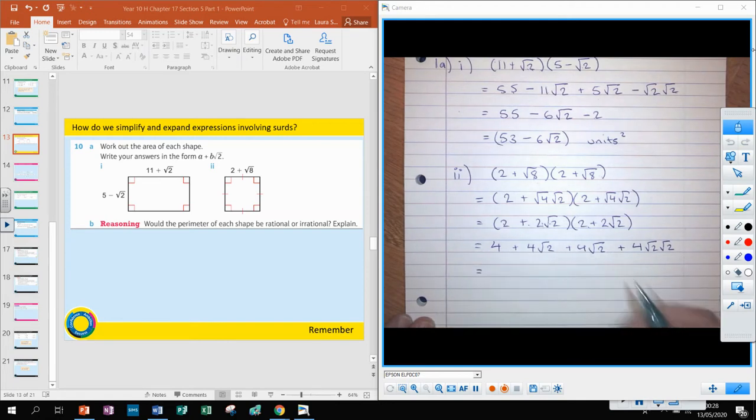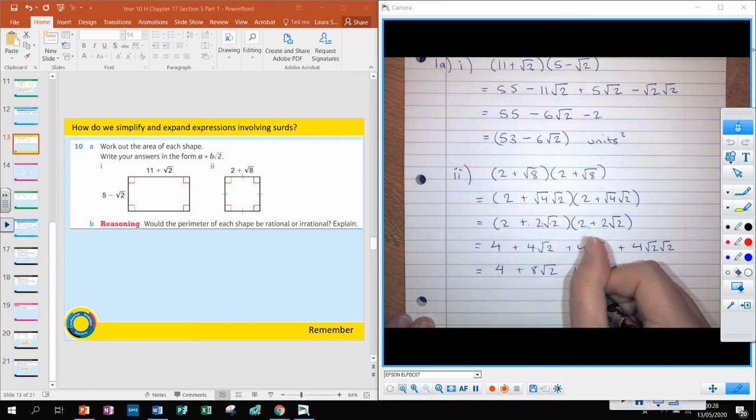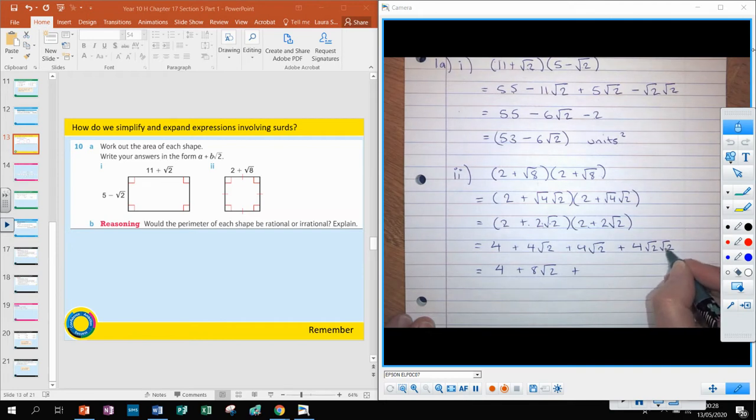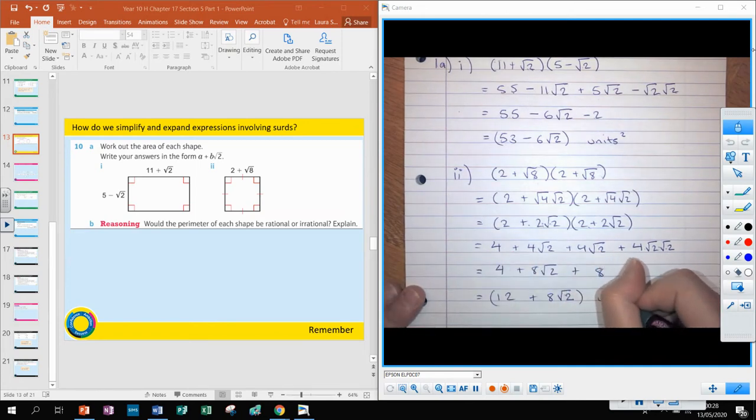Okay, now at this stage we have 4 plus 8 root 2 when we bring these together, plus now we know root 2 times root 2 becomes 2, so 4 times 2 will give us 8. So our final answer, we're going to bring those together, that's going to be 12 plus 8 root 2. And its area, we don't know the units, so we can say units squared.